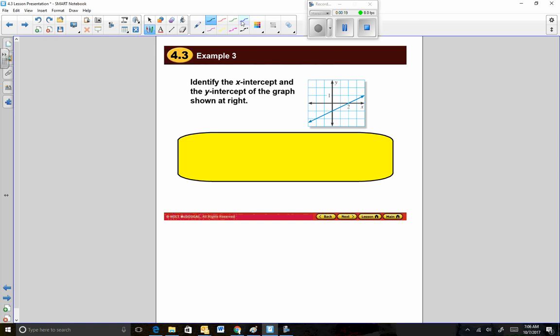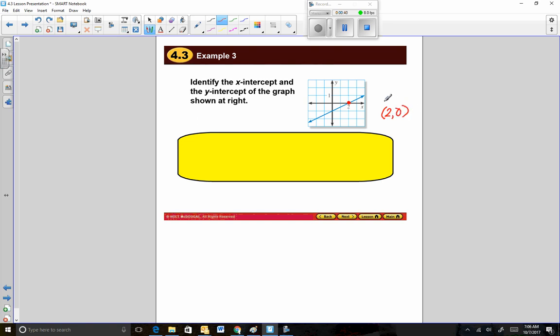We simply look for, let me get a red pen, there we go. On the x-axis, this line intercepts the x-axis right here, and that would be our x-intercept. That is over 2, up 0. So the x-intercept should be 2, 0.